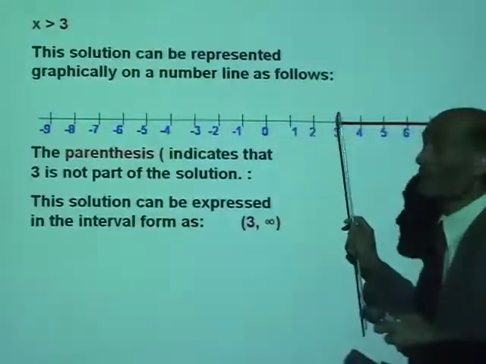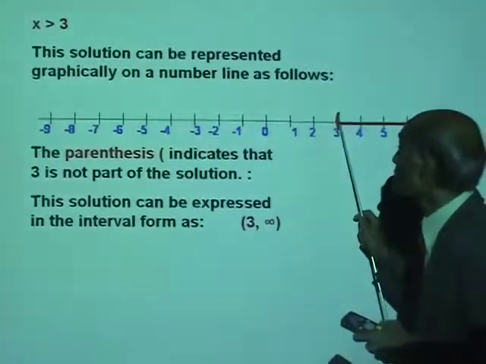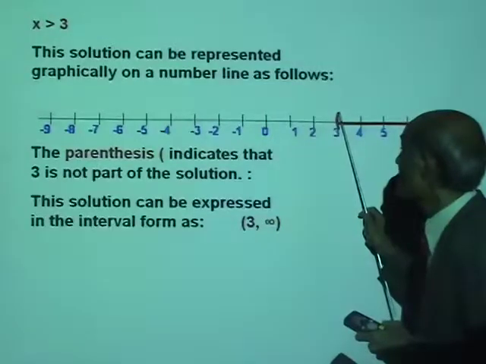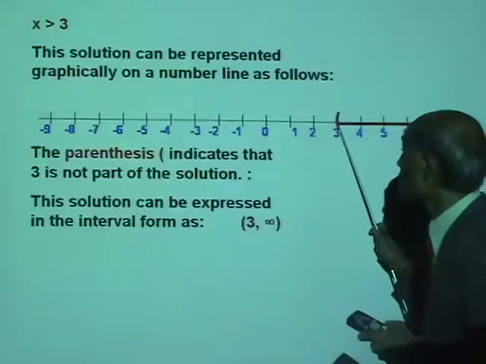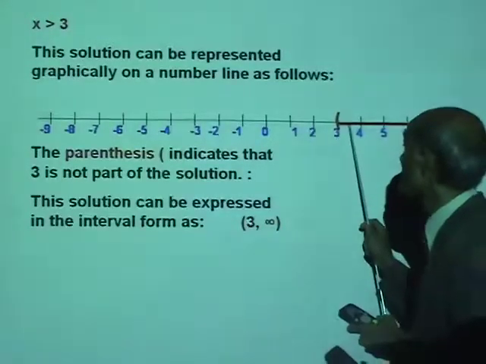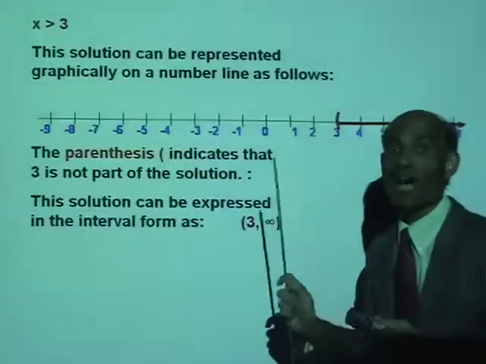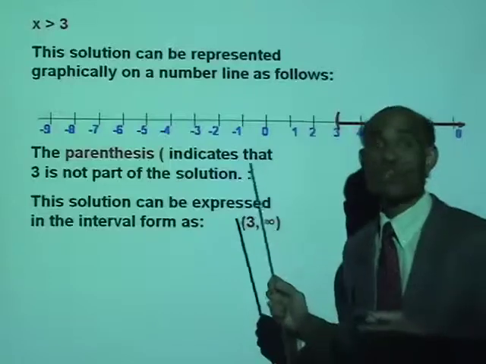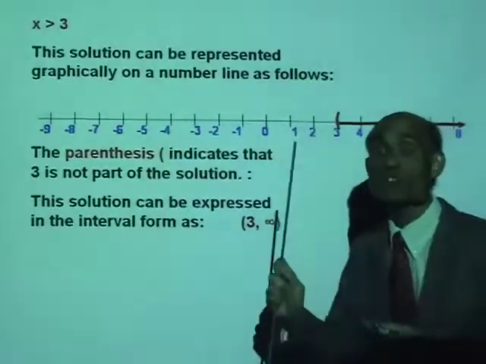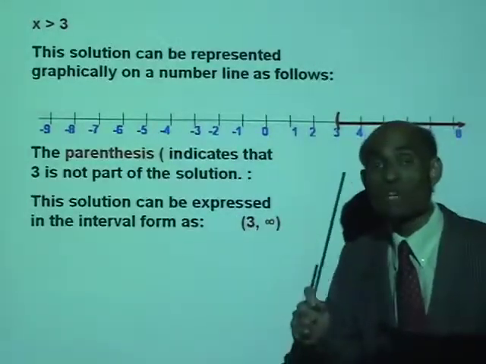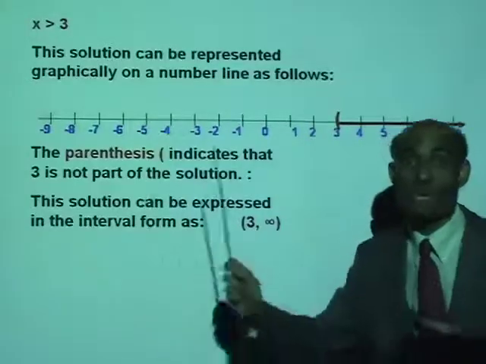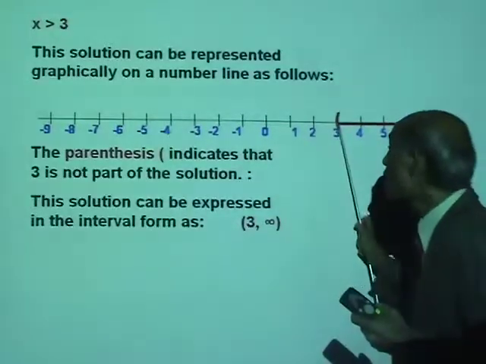On the number line, the solution x greater than 3 is represented by putting a parenthesis facing right and an arrow all the way to infinity. And it means the solution of the inequality contains all numbers to the right of 3. 3 is not included.